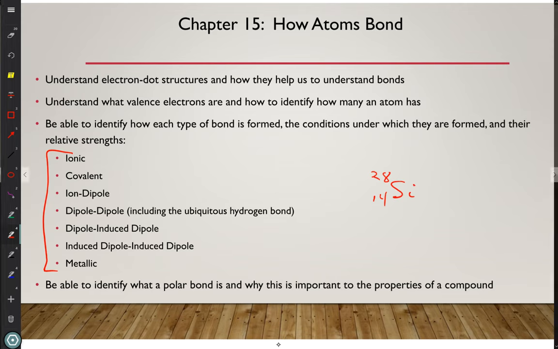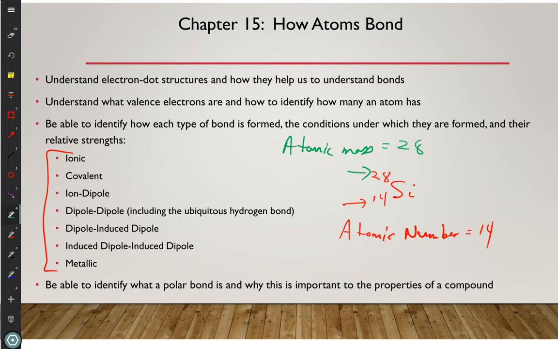But if you read this, that there, what do we call that 14? It's the atomic number and that tells us it has 14 protons in the nucleus. And what do we call the 28? The atomic mass. And that tells us there are 28 protons plus neutrons.